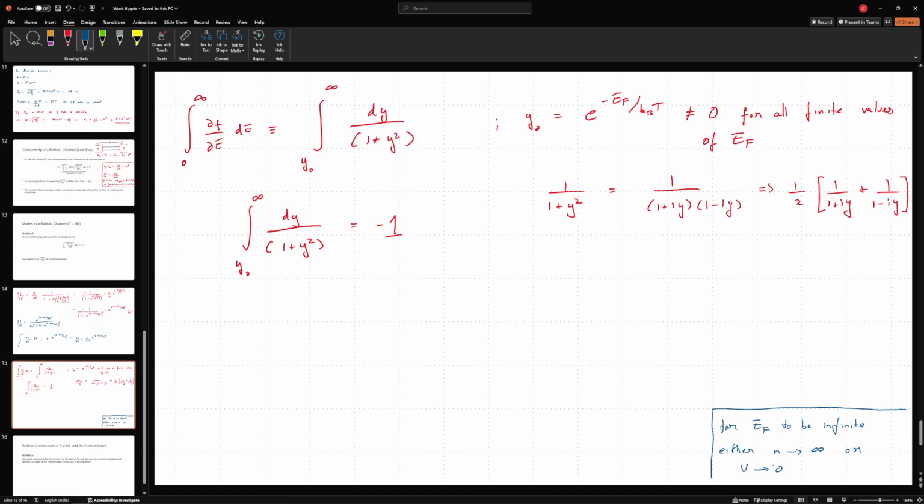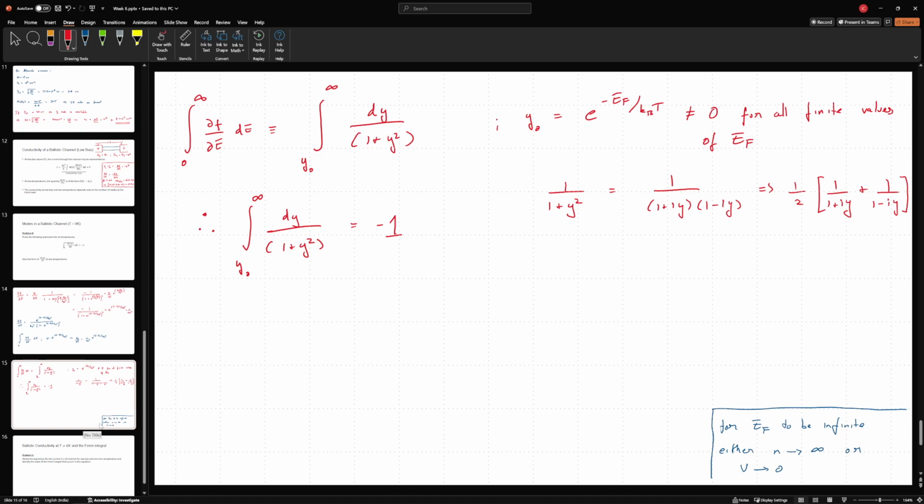That is also not possible because of the Heisenberg uncertainty principle. So both of these scenarios are unrealistic. So EF is always going to be a finite value, no matter how we look at things, and therefore this quantity is always going to be -1. Of this, we are guaranteed.